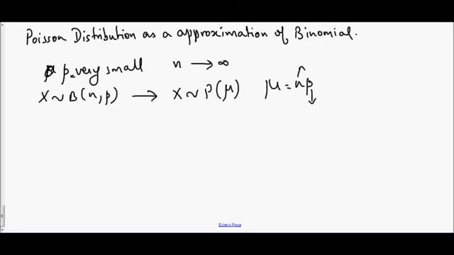In such cases, you can think about going for Poisson distribution. Usually when p is less than 0.05, and n is somewhere greater than 20, not exactly, but something greater than 20, then you can change binomial to Poisson distribution.